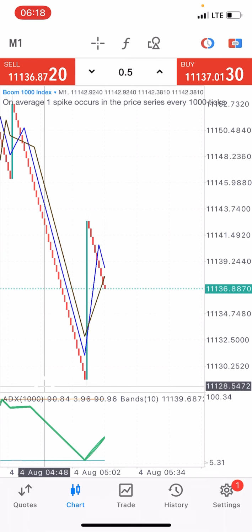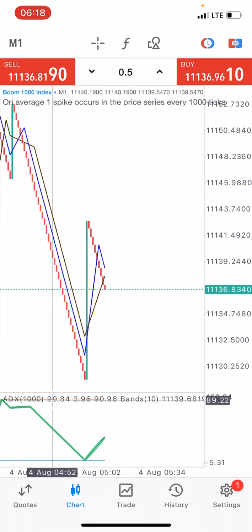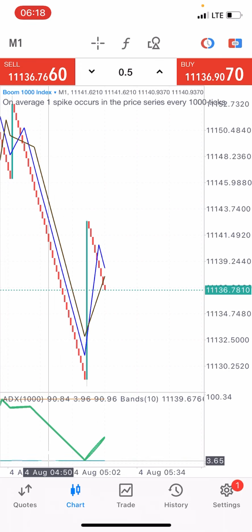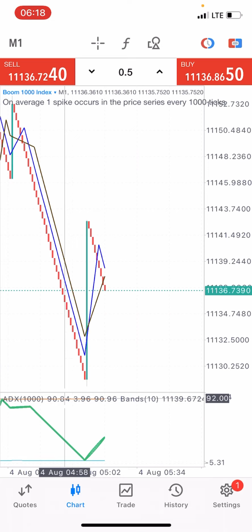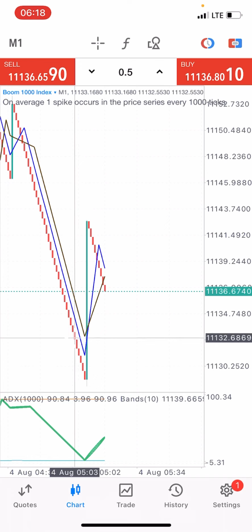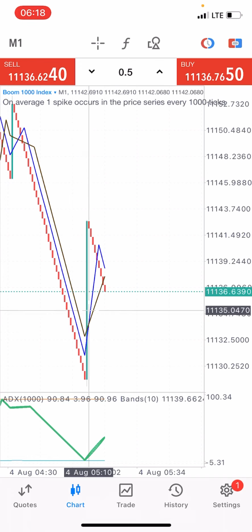Note that on the crash, this red line is going to be below, while the other line is going to be on top. Once it's the boom, when this blue and black line crosses over, it gives you a positive entry into the market.